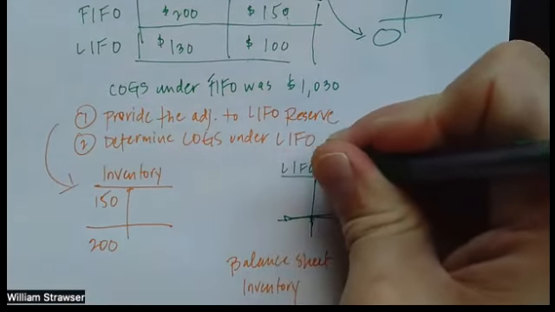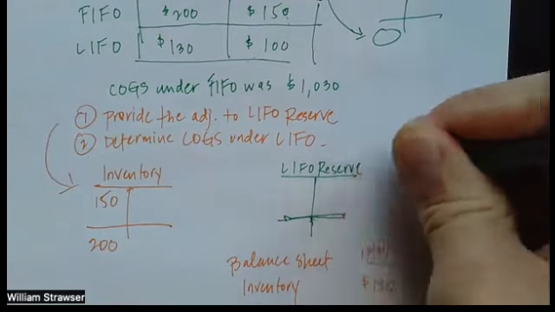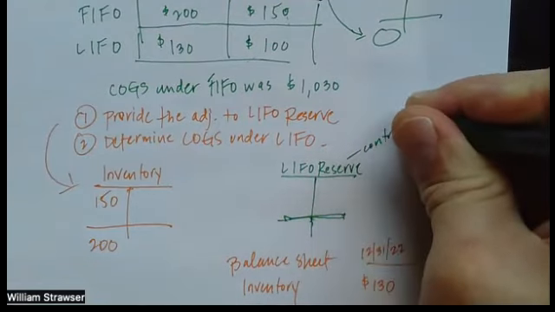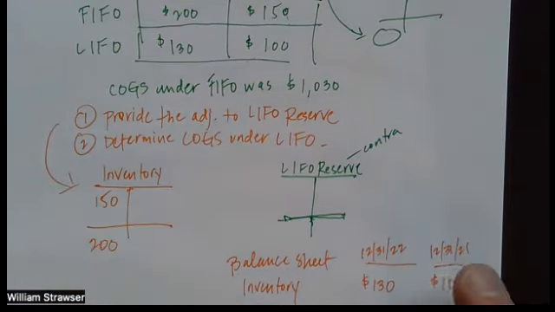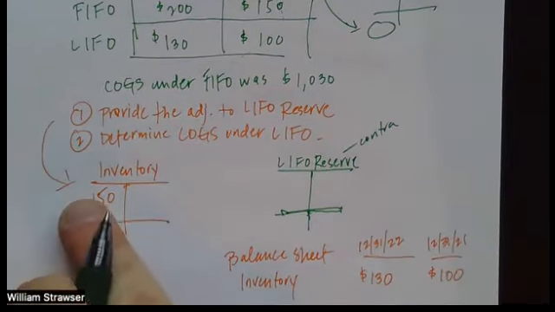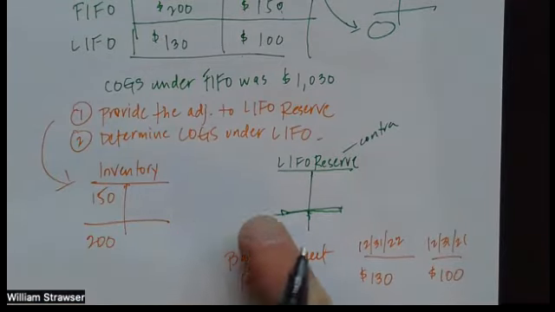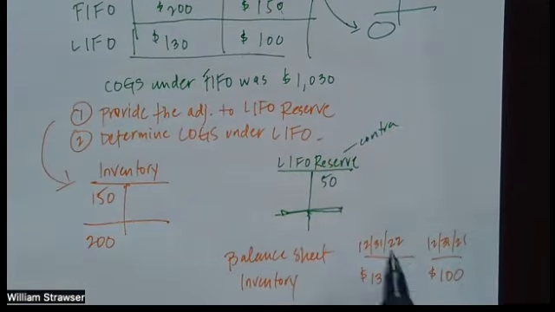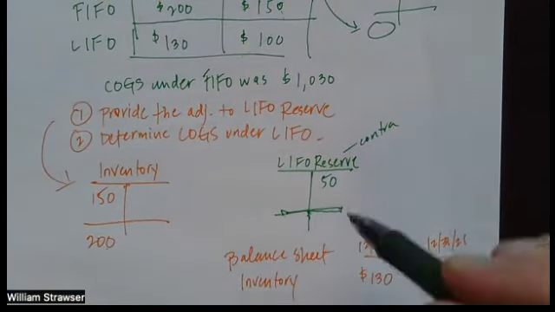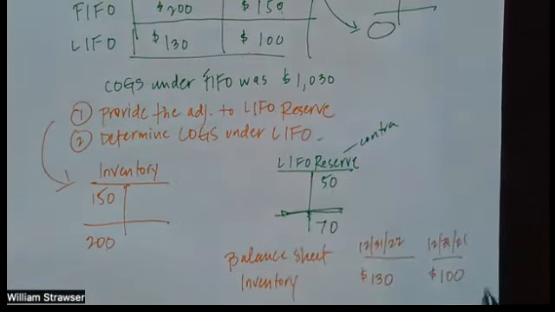If this is my LIFO reserve, then I have to remember, wait, this is a contra account. This contra account reduces this when I report it. I have to reduce 150 by $50 to get it down to 100. I have to reduce 200 by $70 to get it down to 30.